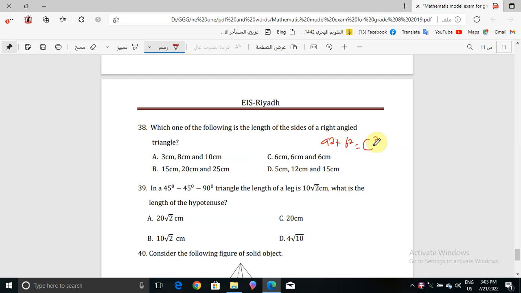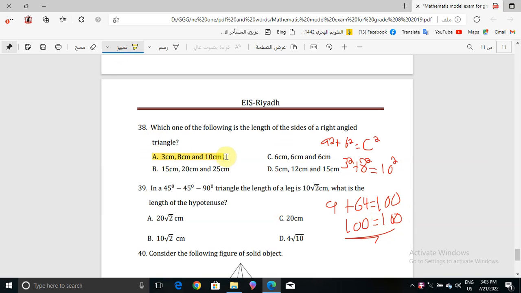So 3 squared plus 8 squared should give us 10 squared. Let's check. 3 squared is 9, plus 8 squared is 64, and 10 squared is 100. Then 9 plus 64 will be 100, so 100 is equal to 100, which is correct. So the correct answer for question number 38 is choice A.